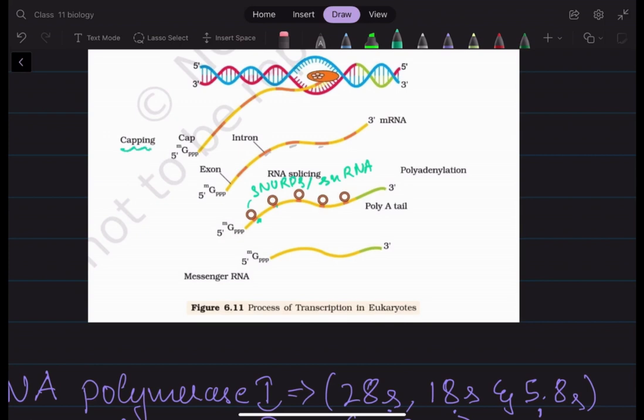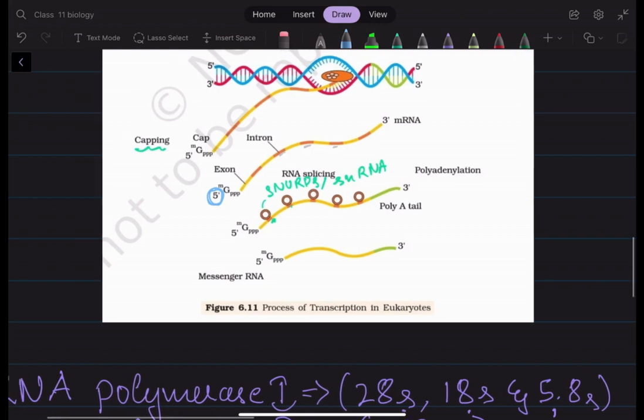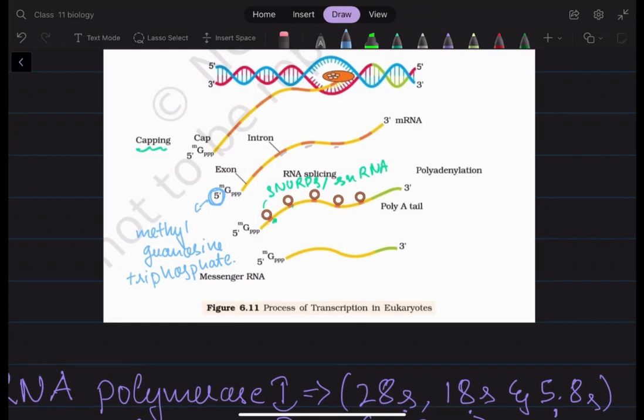Then we have capping. Capping basically involves the addition of a nucleotide at the 5' end. This nucleotide which is attached is methyl guanosine triphosphate. So this addition of this unusual nucleotide to the 5' end of the hnRNA is called capping.